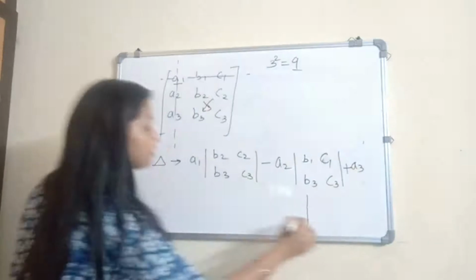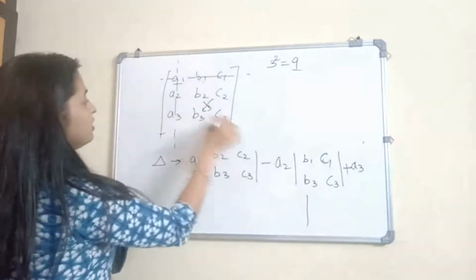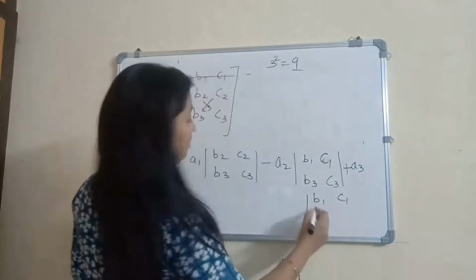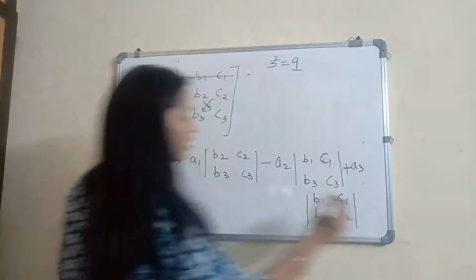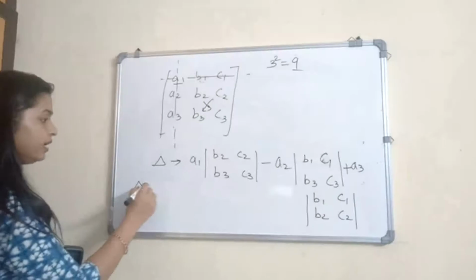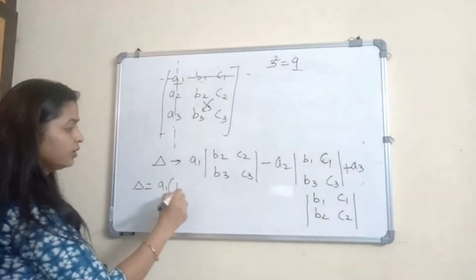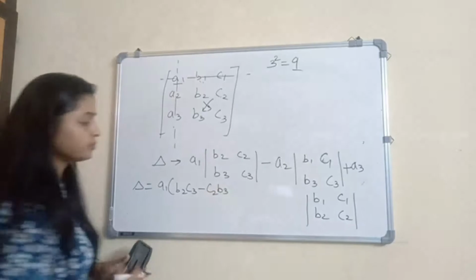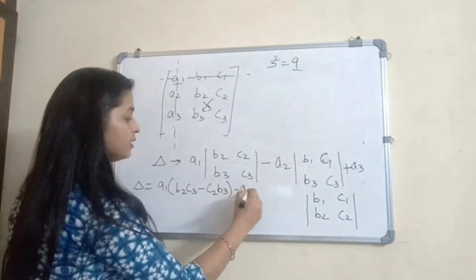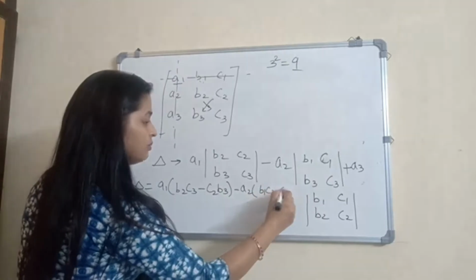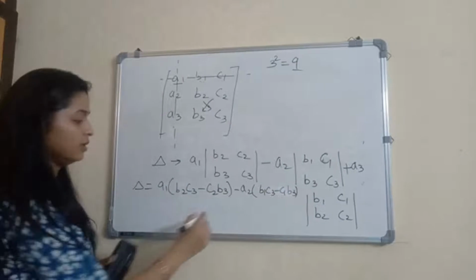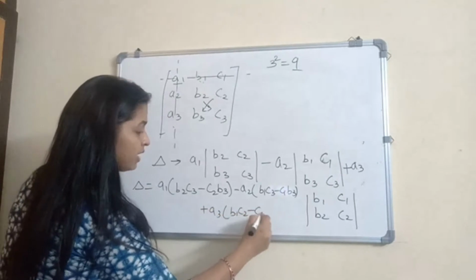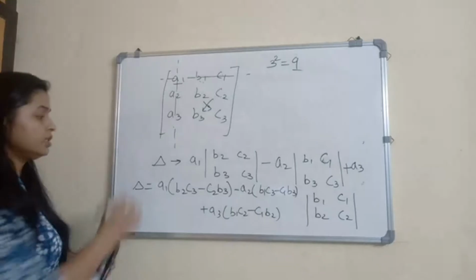If we hide this and this, there must be B1 C1, B2 C2. Now we can solve this. So del is A1 (B2 C3 minus C2 B3) minus A2 (B1 C3 minus C1 B3) plus A3 (B1 C2 minus C1 B2). So this is the solution.